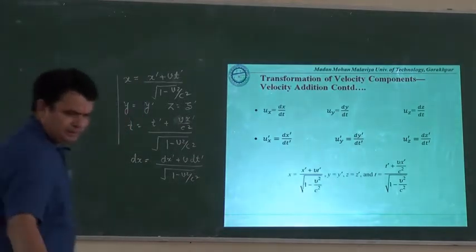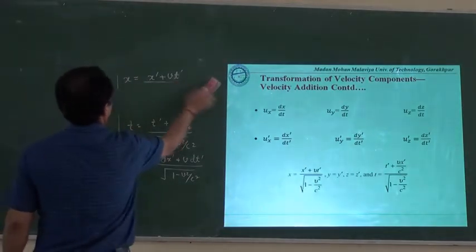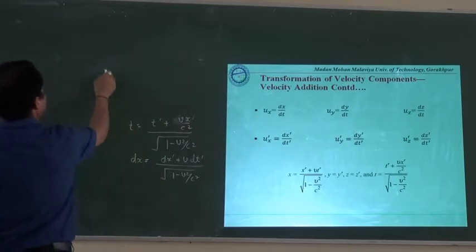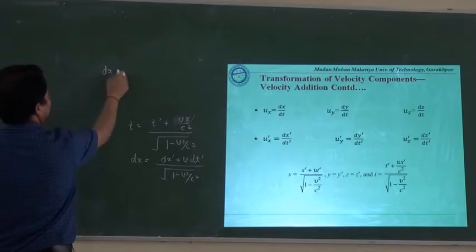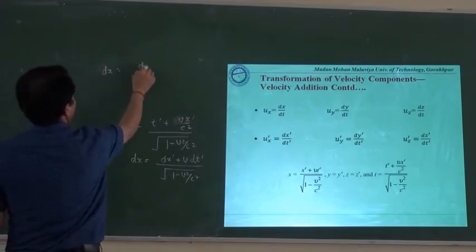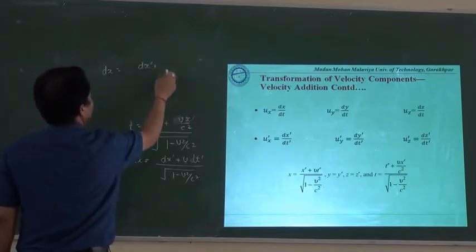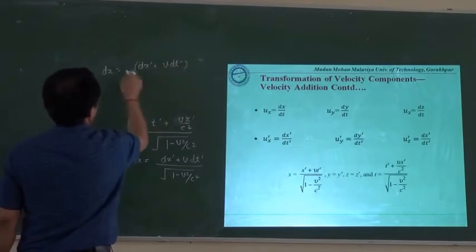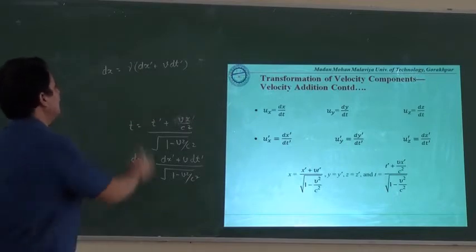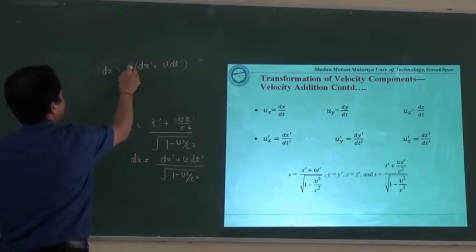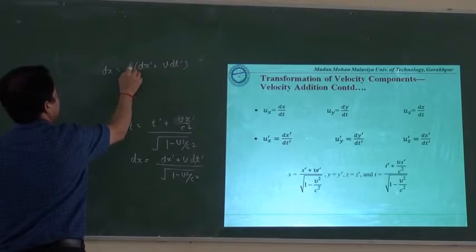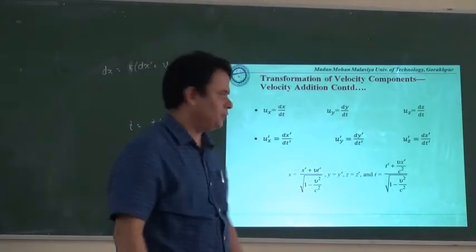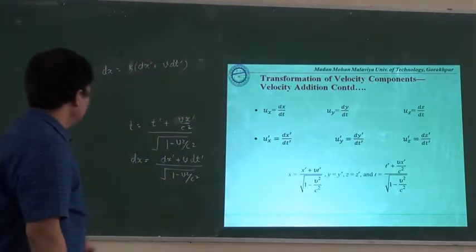So here we will write that dx is equal to dx dash plus v times dt dash, and this will be multiplied by gamma, k. It will be better to write k because we are writing k here. K is equal to 1 upon under root 1 minus v square upon c square.